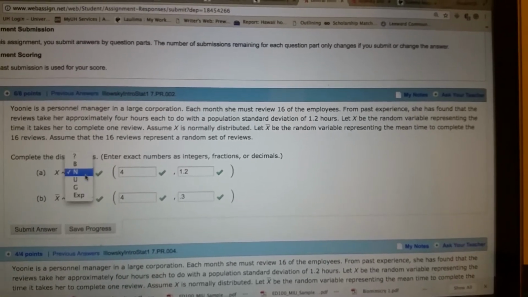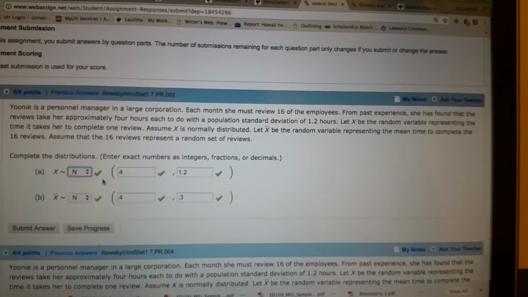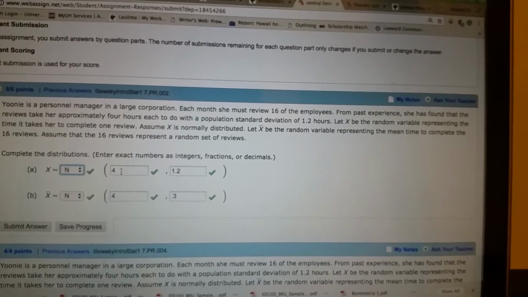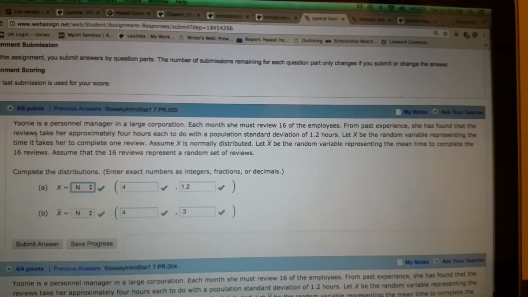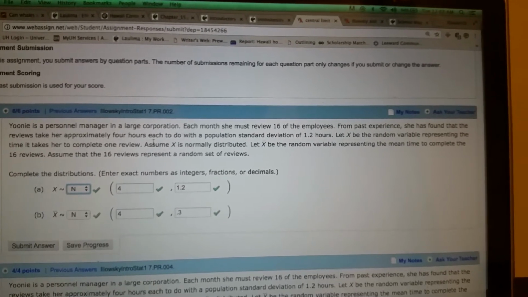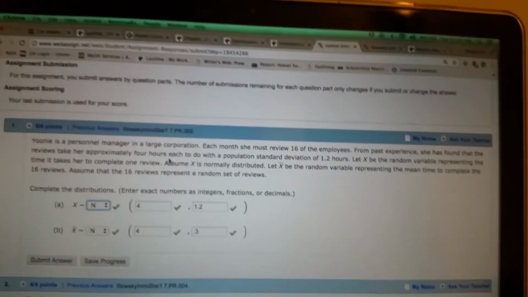So when we choose these, we know it's going to be a normal, not uniform, right? And so if it's normal, we're going to find the mean. What is the mean? It says that the reviews take her approximately 4 hours each, which would make the 4 the mean. Okay, so I'm just going to put some notes up here.